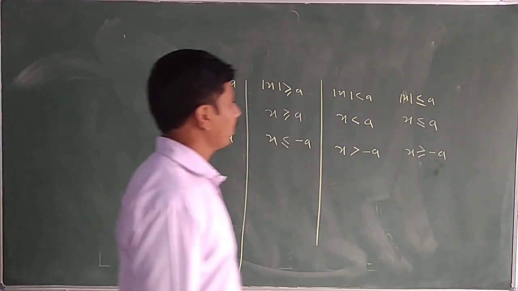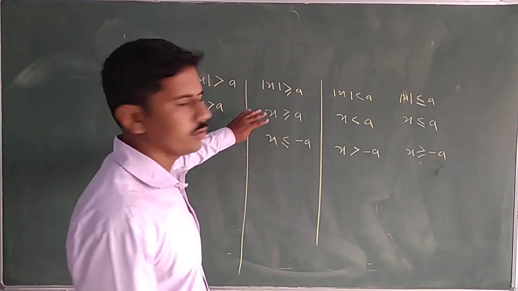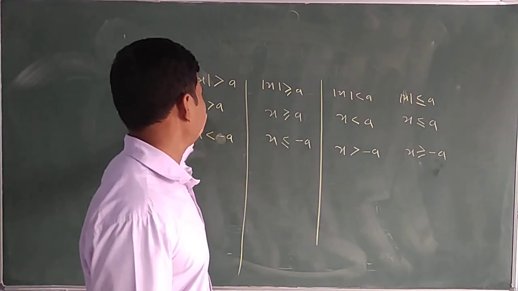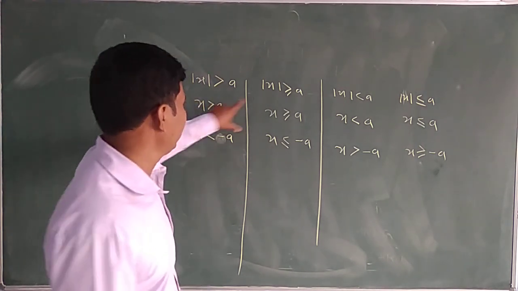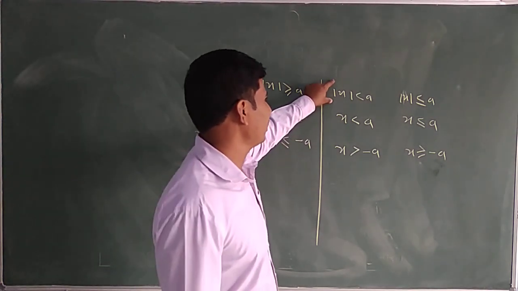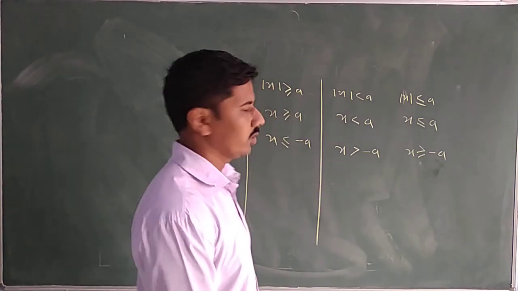This shortcut way you can remember, so that you will not get confused while remembering the solution. These two are the solution of this format, where the variable is in a modulus. Modulus means ignoring the sign.